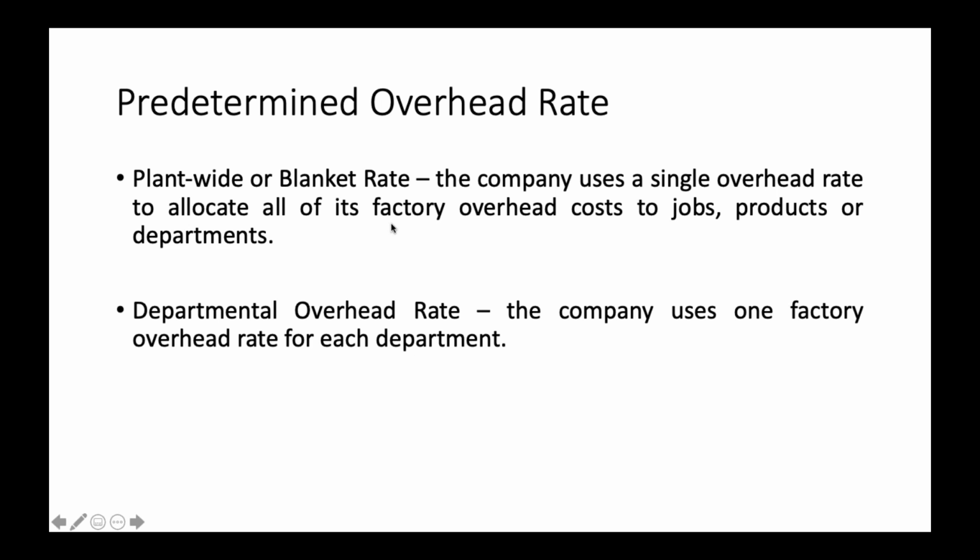On the other hand, if we will be using departmental overhead rate, the company will use one factory overhead rate for each department, meaning each department or each job will have a different predetermined overhead rate.